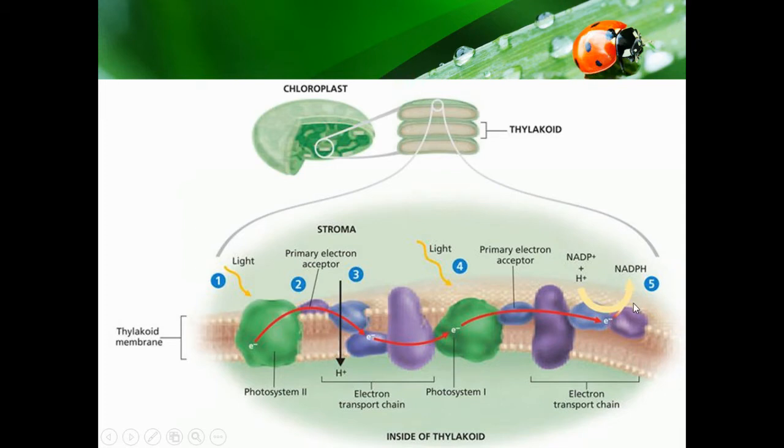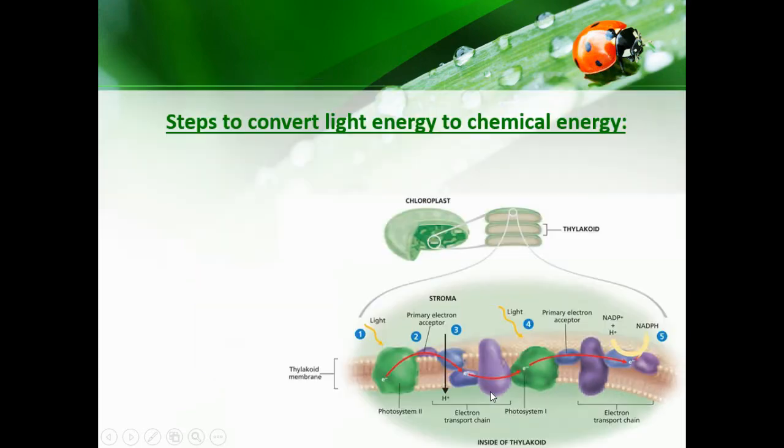Well, a little while later, they ended up finding out that there was yet another photosystem. So we actually start off with photosystem 2, go through an electron acceptor, a chain, and then it hits photosystem 1. And then it goes through another acceptor and a chain. So they found things a little bit backwards, which is why we have photosystem 2 in front of photosystem 1.